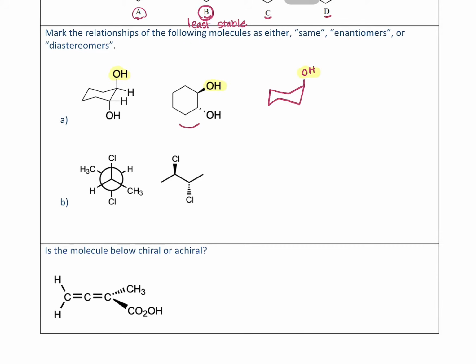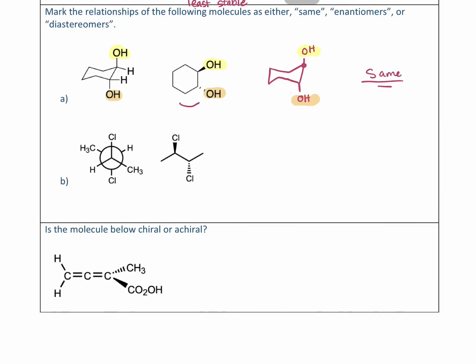And then looking at the second OH group here, I see that they are trans to each other. So if I have the OH group on this carbon up, then I'm going to have it down here, which is exactly the same as what we have in the molecule to the left. So these two are the same.